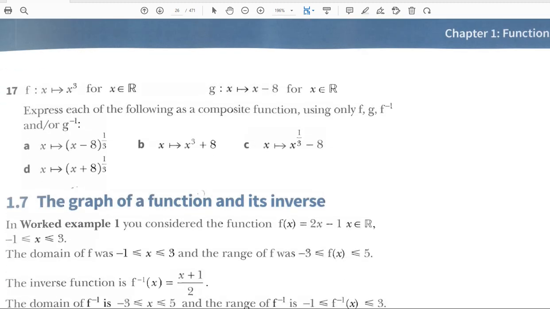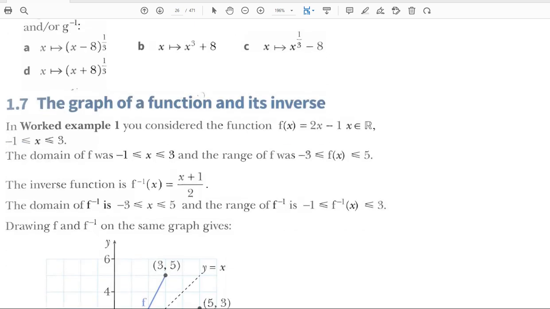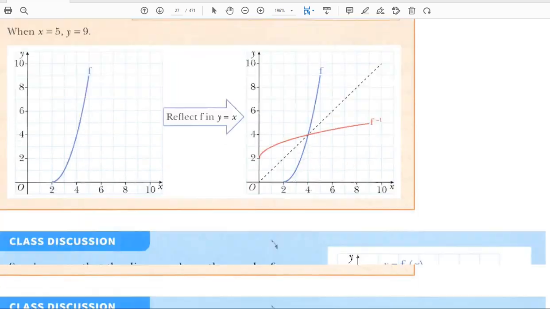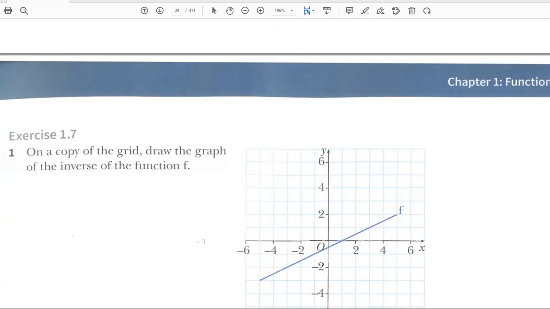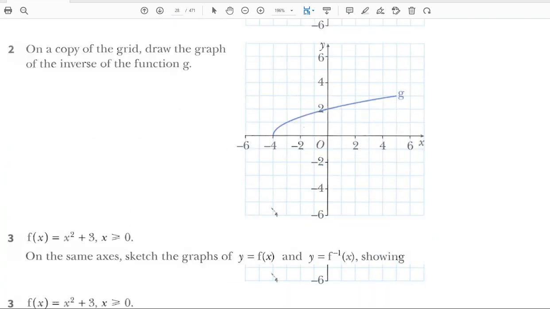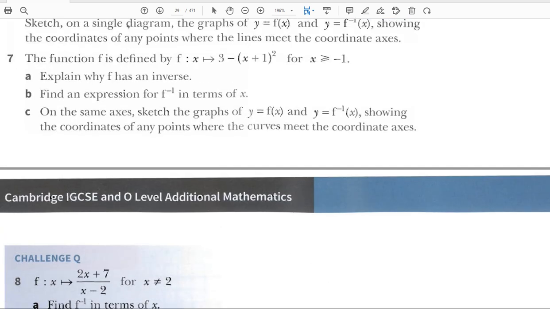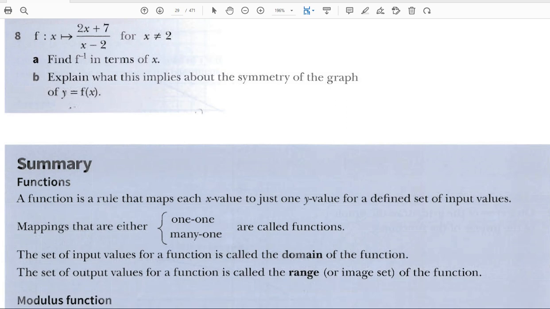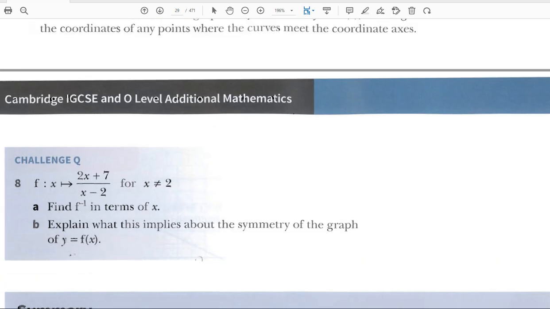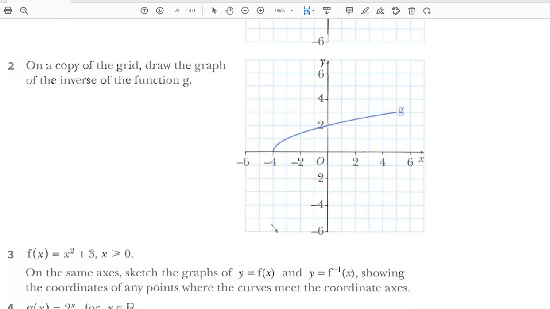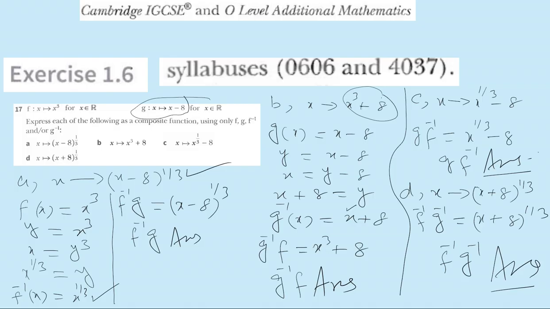The next class will consist of the next topic, the graph of a function and its inverse. How many questions in this exercise? We can see from 1 to only 7 questions. So we will do all questions, all parts, promise. This is our today's class.